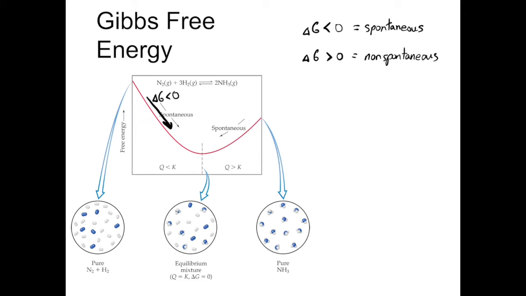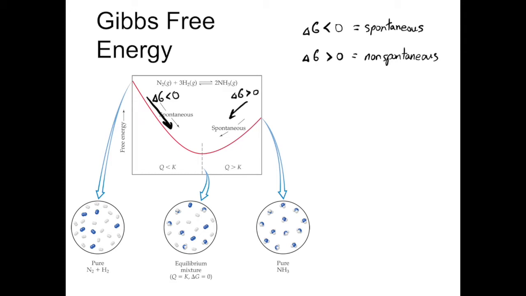If your delta G is positive, what it implies is for the reaction that's written, in this case N2 plus 3H2 going to 2 NH3, the reaction is non-spontaneous in the forward direction. So if delta G is positive, it means that you are not making NH3 faster than you're making the reactants. A delta G that's positive is non-spontaneous in the forward direction, but it is spontaneous in the reverse direction.